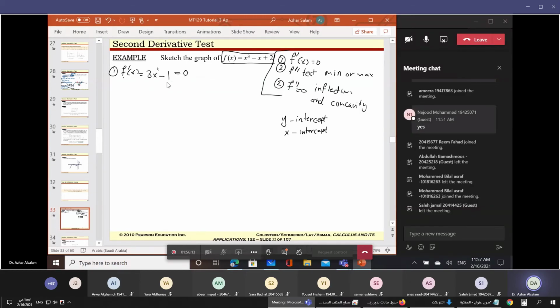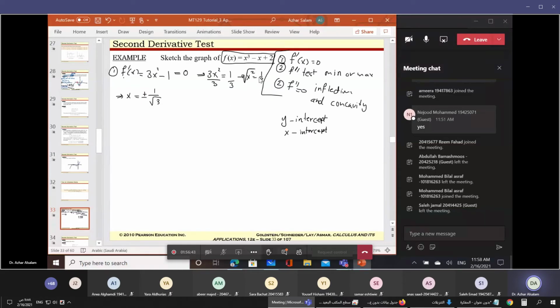The zeros here are easy to find. 3x squared equals 1, dividing by 3. It will be x squared equal to a third. I will take the square root, so it will be plus or minus 1 over square root of 3. Or the square root of a third.